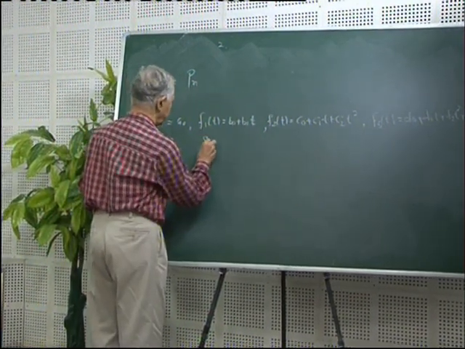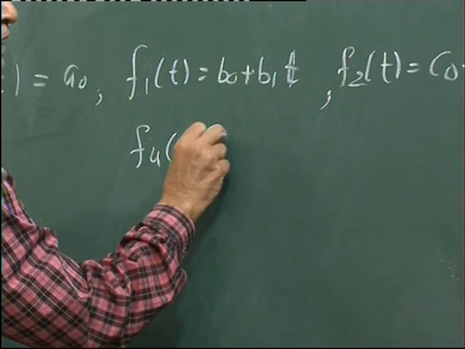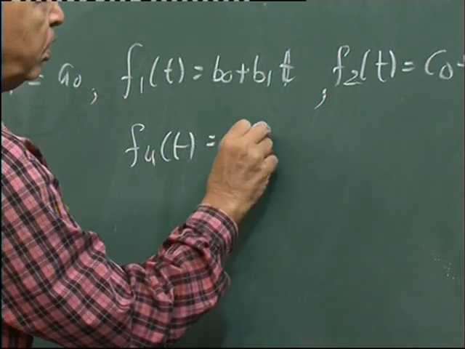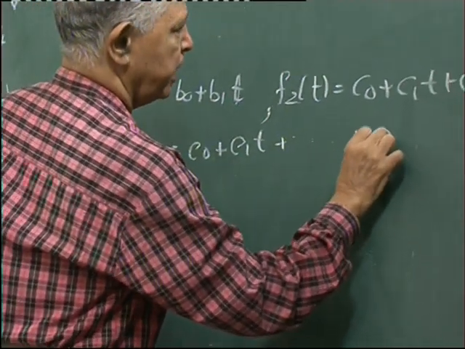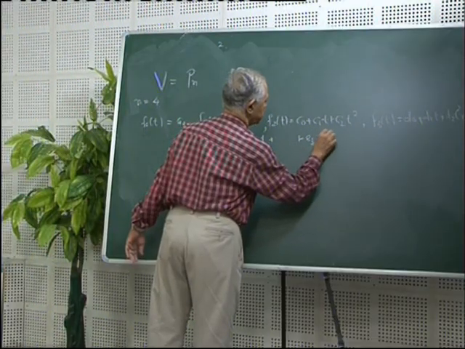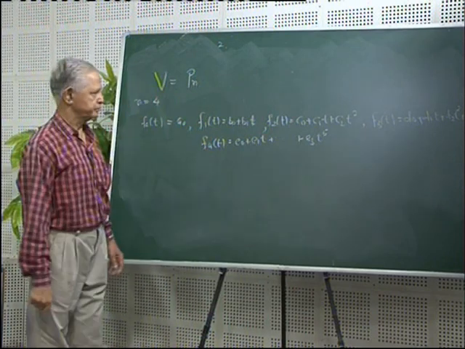So, f4(t) is equal to e0 plus e1 t plus up to e4 t raised to 4.